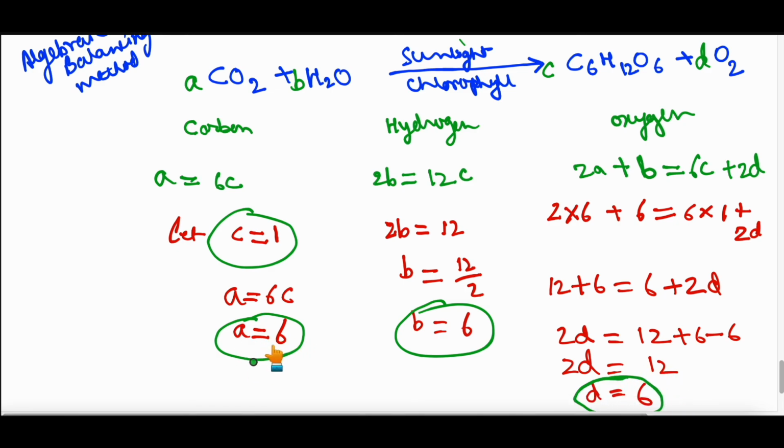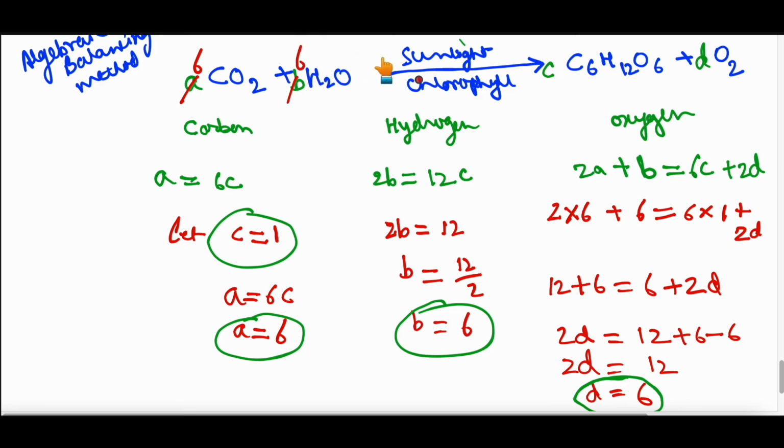Thus we see that we have the value of A as 6, B as 6, C as 1 and D as 6. So put down all these values here. So from here we will write down the values of these alphabets. So here we have A is 6. So 6 CO2 plus B is 6.